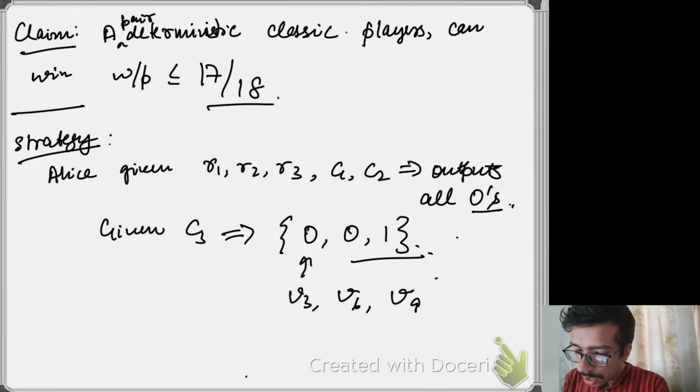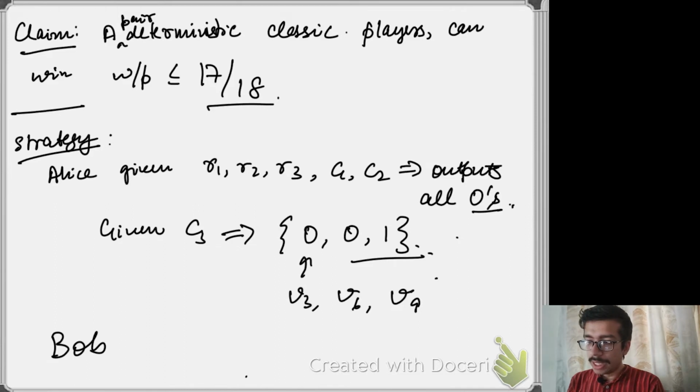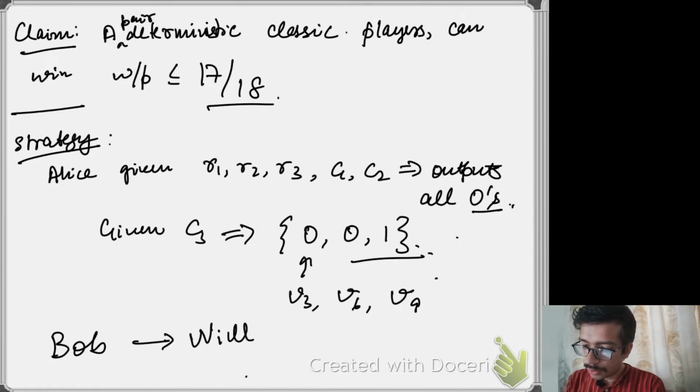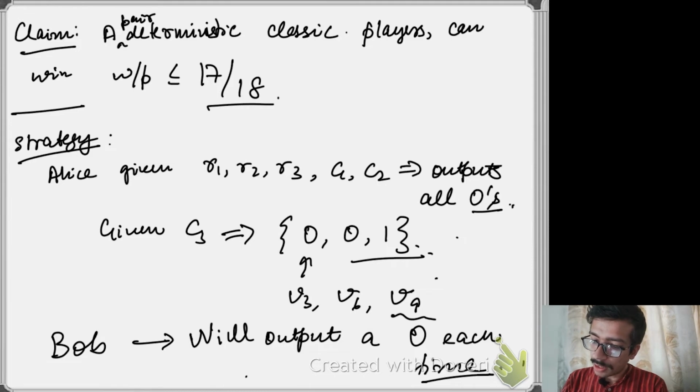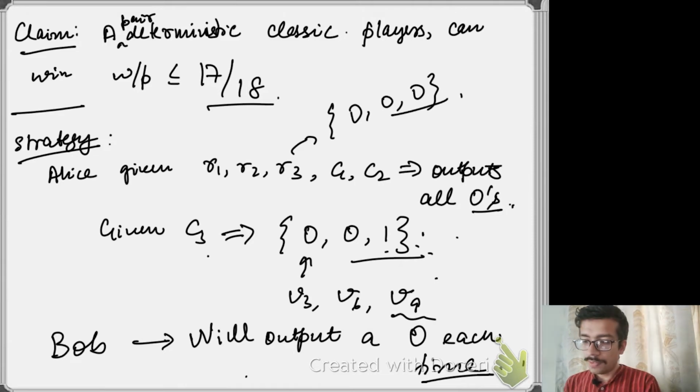Okay, and what Bob is going to do is that Bob will output a 0 each time. Note that V9 also occurs in the constraint R3. In this case, Alice is still giving as an output 0, 0, 0, but when given C3, she outputs 0, 0, 1 to the 3 variables.